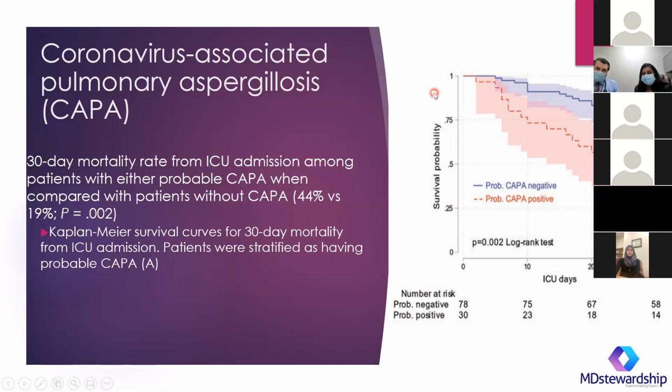So it's highlighting the importance of having a good clinical suspicion and treating if there's any concern for it at all. That's how I would summarize it. Especially if you're growing Aspergillus from sputum, or if there's any concern for it, you would want to treat very aggressively.